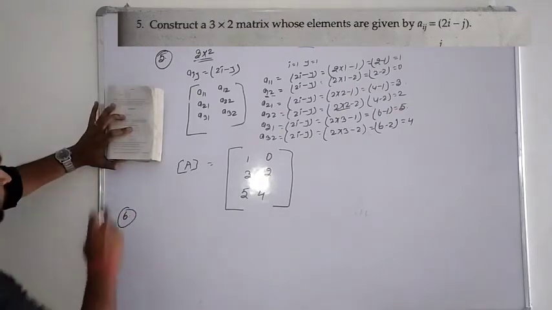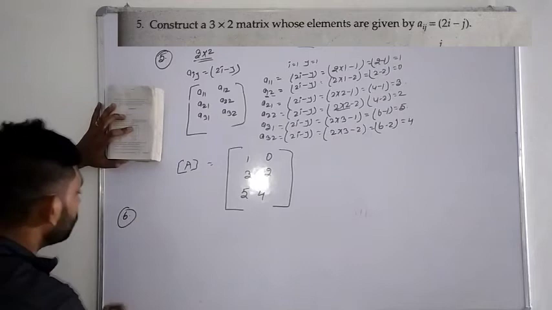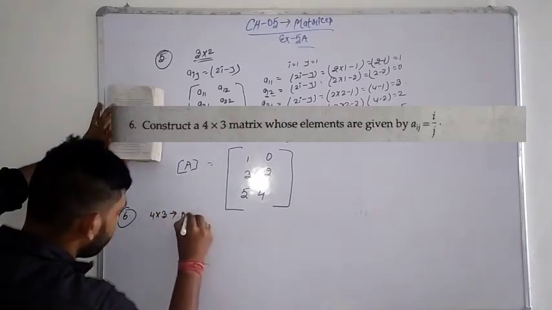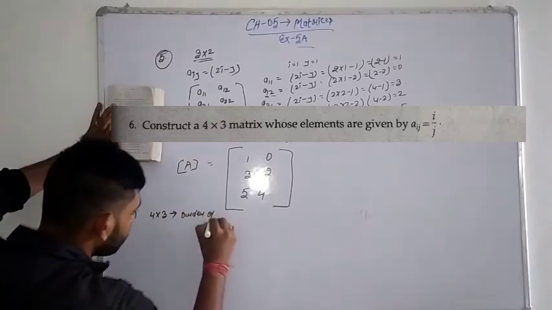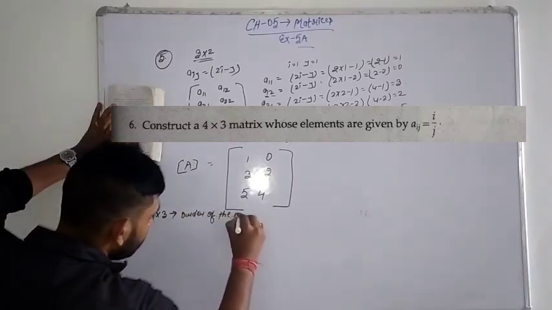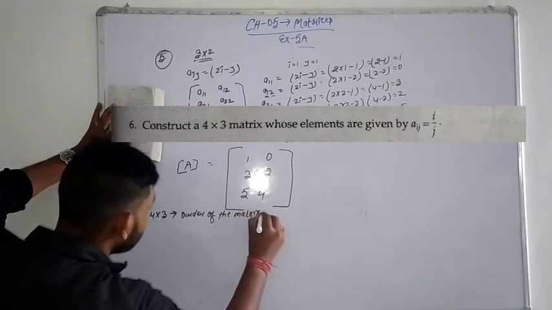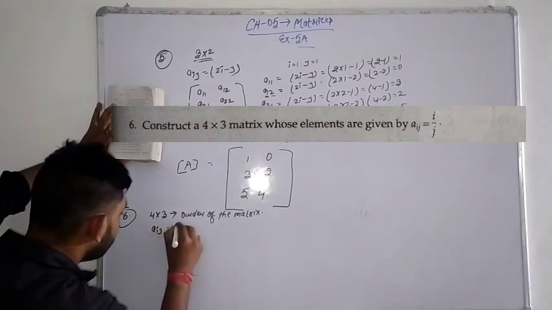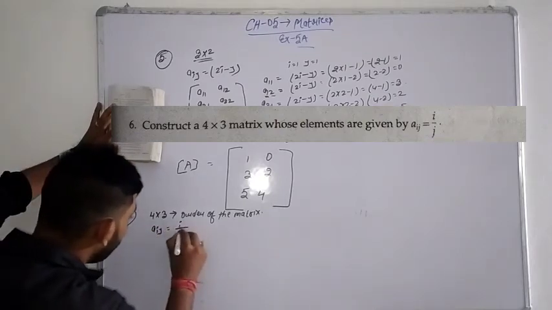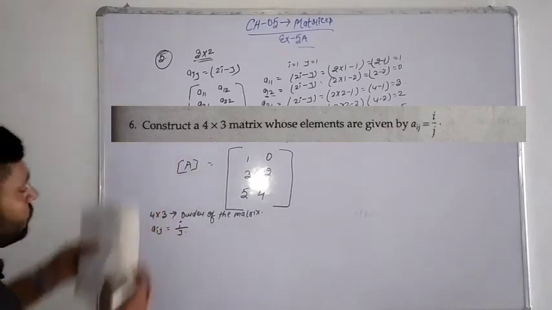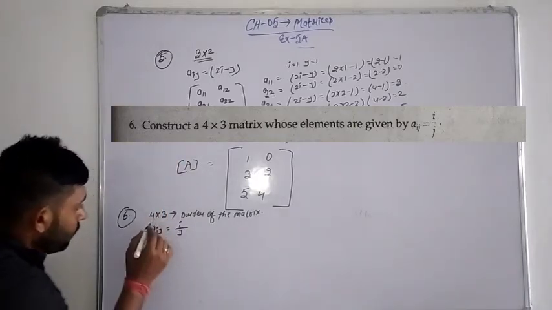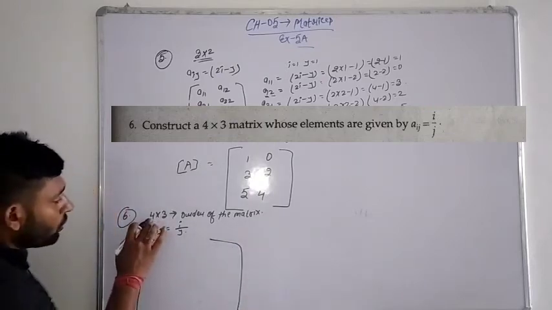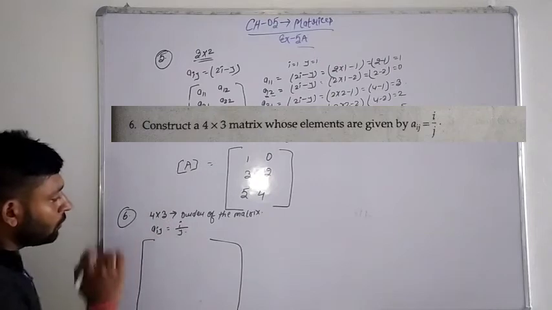And now problem number 10. Here the matrix is 4 into 3. The order of the matrix is equal to 4 into 3. And given a_ij is equal to i upon j. First we find 4 rows and 3 columns.